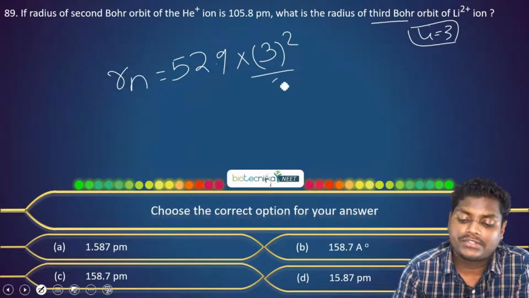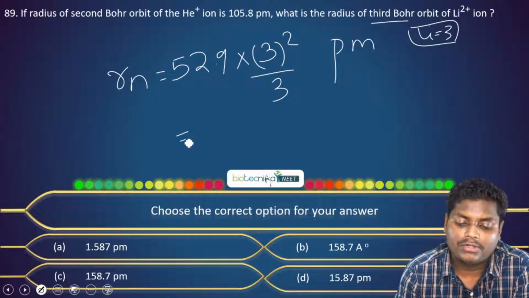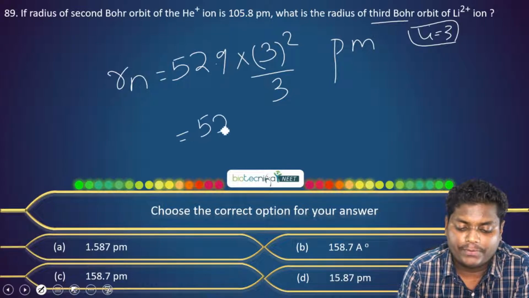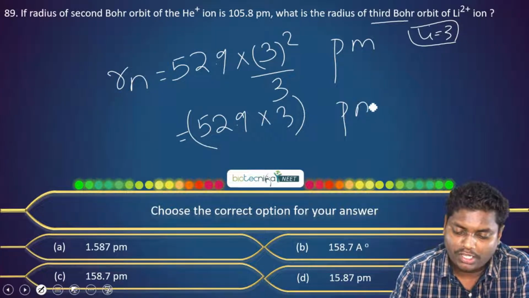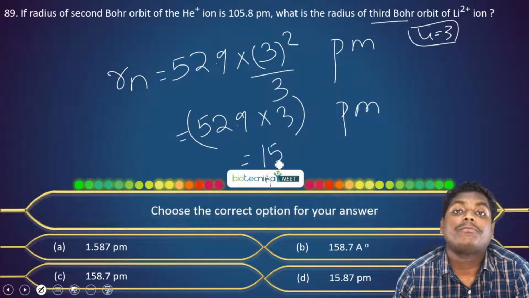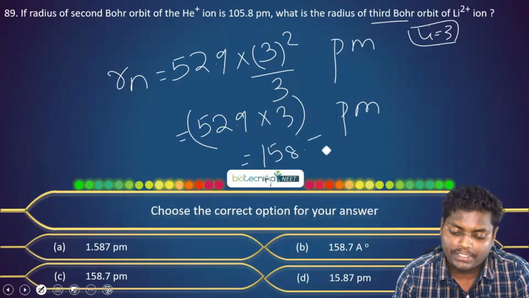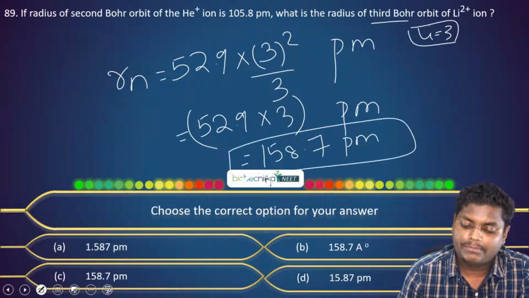It will be in picometer. If we cancel this out, it will be 52.9 into 3 picometer. If you solve it, you will get 158.7.